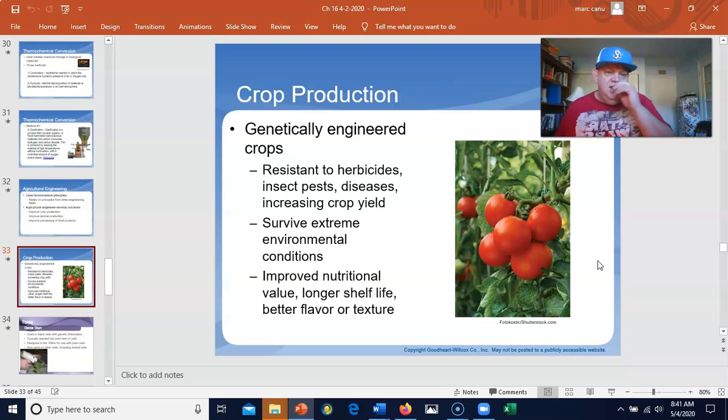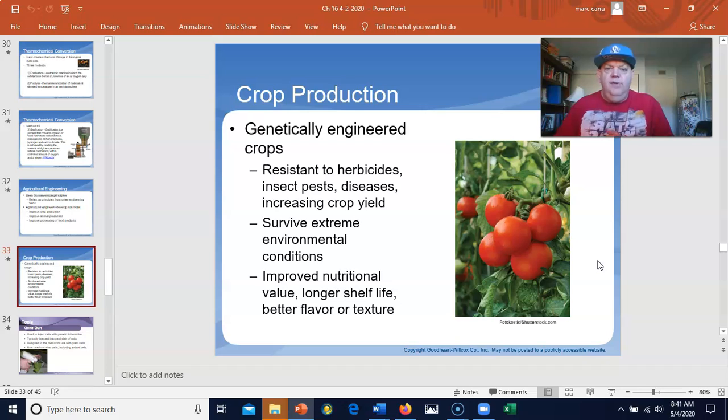So when we look at genetically engineered crops, we can talk about crops that are resistant to things like herbicides. Those are chemicals that are used to kill plants, insect pests, diseases, increasing the crop yield. In other words, where you normally have 6 tomatoes on the plant, maybe you've got now 8.